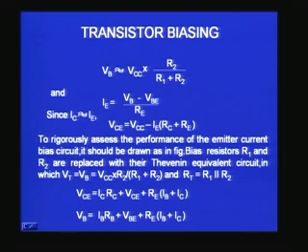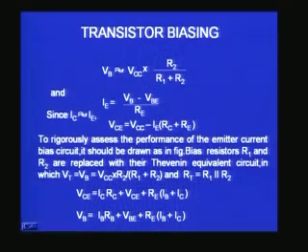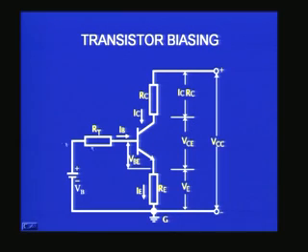You should short the power supply and look at it, and if you short the power supply, the other end of R1 will also come to the ground, therefore R1 and R2 will be in parallel, and the effective resistance of the parallel combination of R1 and R2 will be the equivalent Thevenin's resistance. So R Thevenin is R1 parallel R2, and that is what is shown here.